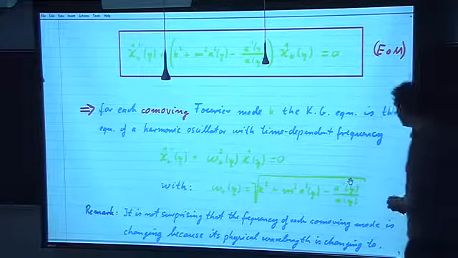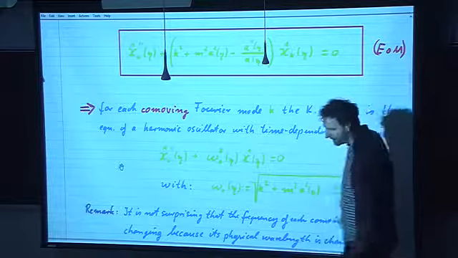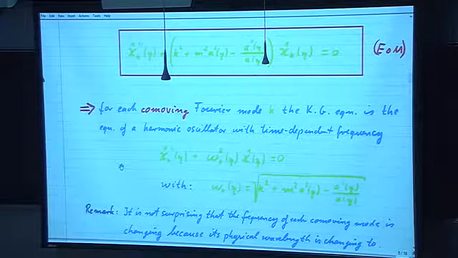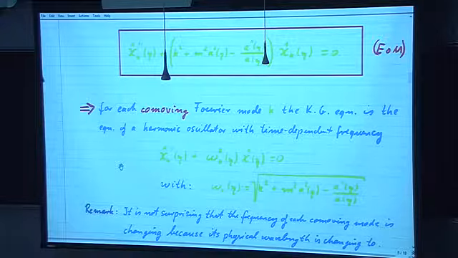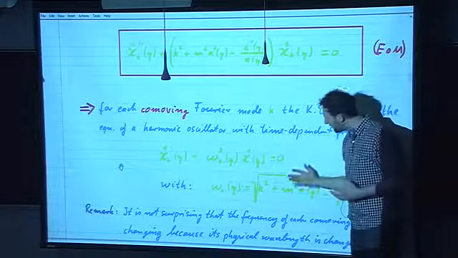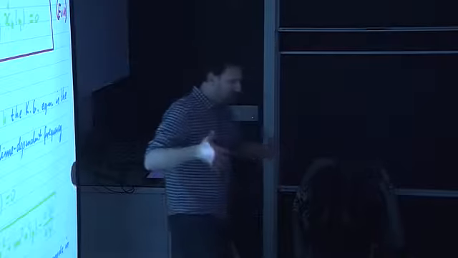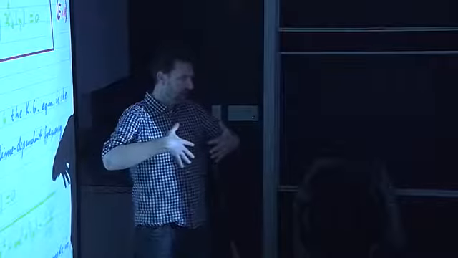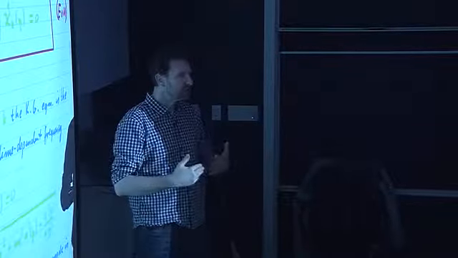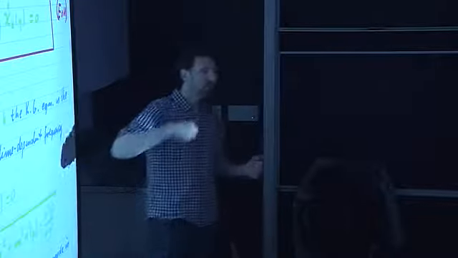Now, part of this behavior, I think, ought to be very plausible. At least part of it. See, why is the frequency time dependent? Well, remember that for waves, such as electromagnetic waves, there is a relationship between the spatial wavelength and the wavelength in time.